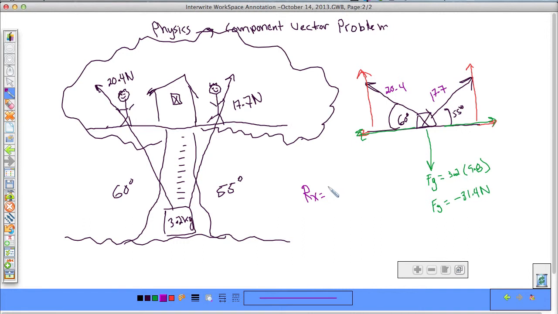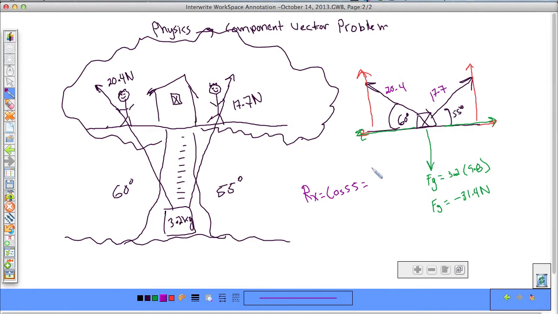And so let's go ahead and use the cos. So the cosine of 55 equals adjacent over hypotenuse.